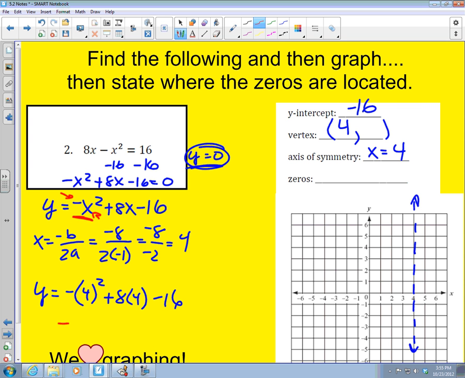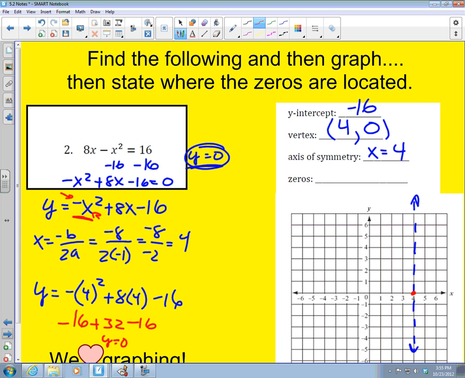So it's negative 4 times 4 is 16, so that's negative 16. Plus 32 minus 16. That is equal to 0. So, well, that's kind of nice. We just found our solution. 4, 0 is right here.